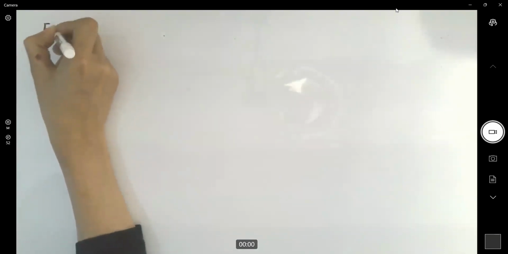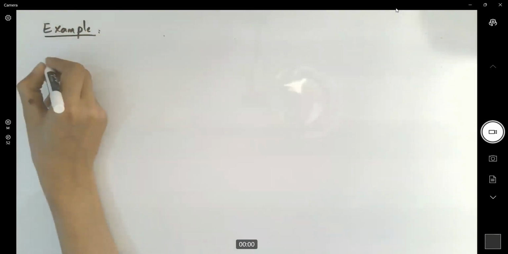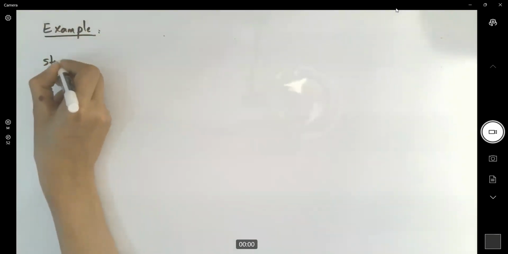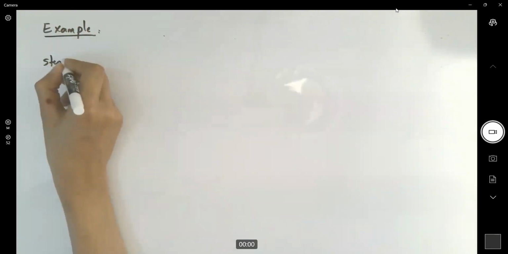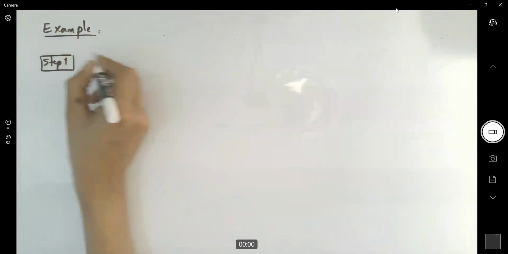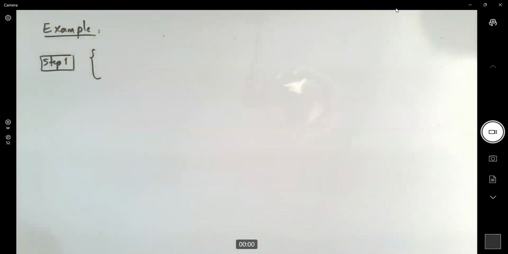Okay, perfect. This is our example. In the very first step, assuming all of those requirements are met, in step one, we're going to identify the null and alternative hypothesis.